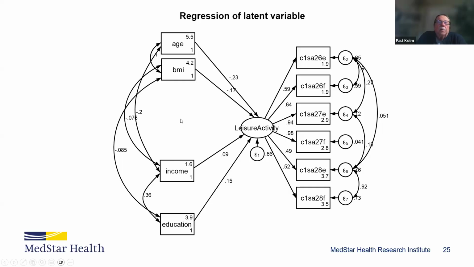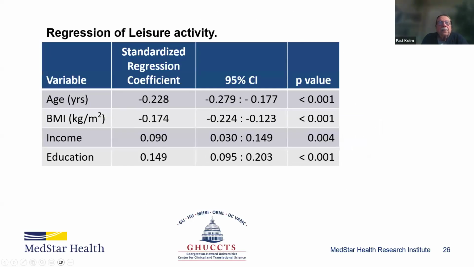Now when we look at this regression model, we're not particularly interested in all of the other statistics except the R squared. You might say, well, this doesn't look very high as far as income and its correlation with leisure activity, but it is statistically significant.